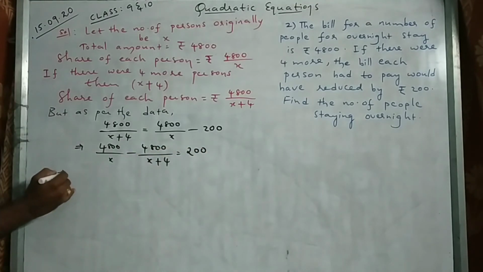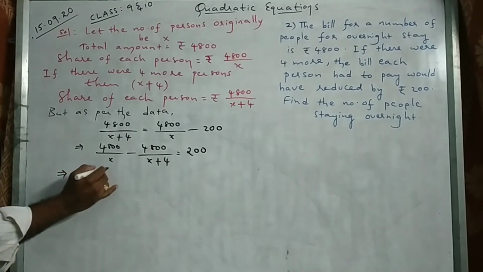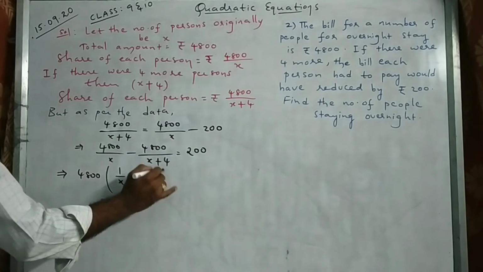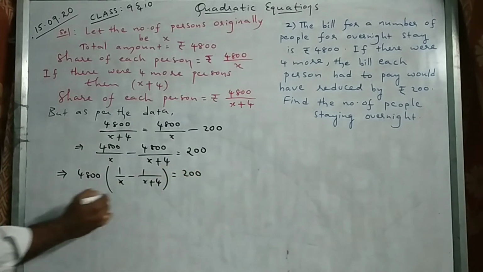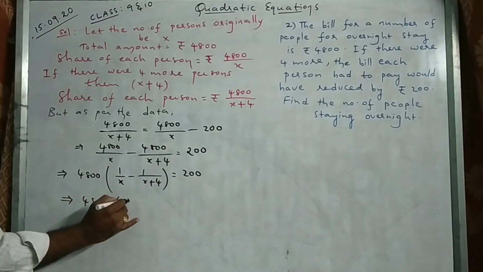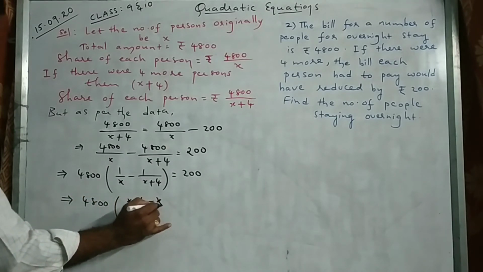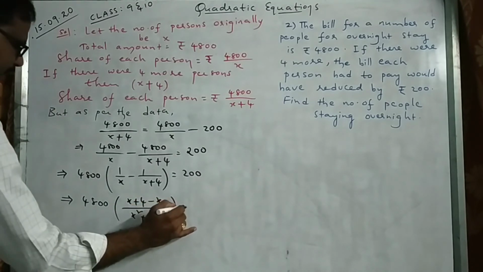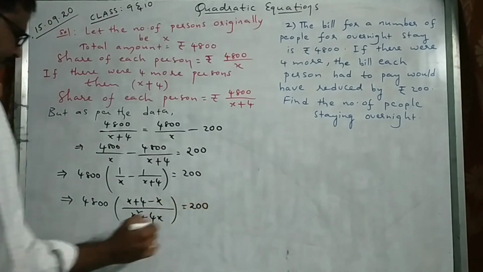Now take 4800 common. 1 by x minus 1 by x plus 4 equal to 200. So 4800 into x plus 4 minus x, by x square plus 4x, equal to 200.